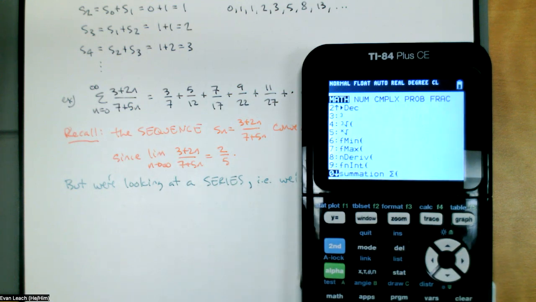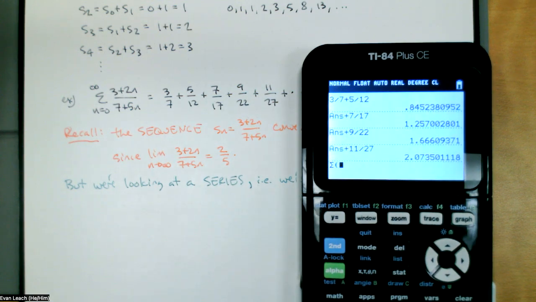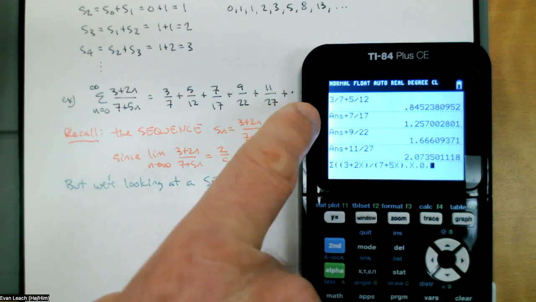And right underneath FNINT is summation. And let's see, I want 3 plus 2n over 7 plus 5n. The notation requires us to put in the expression, comma x, comma 0, comma, and I did see 0, 1, 2, 3.